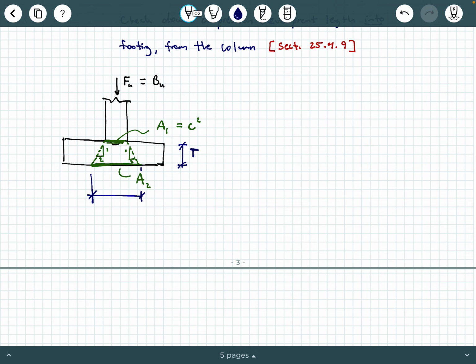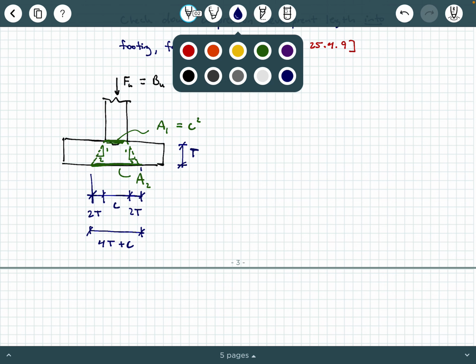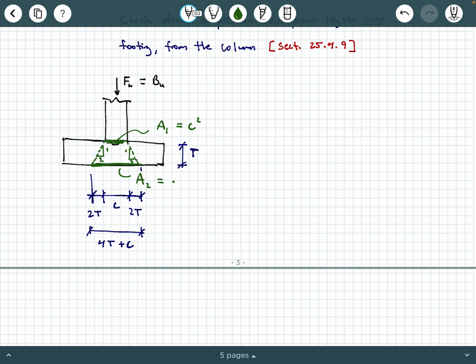Well, you go down by T, and so you're going to move over by 2T. Okay, 2T. And so what is this middle dimension here? That's your width of your column C. So this is going to be 4T plus C. So that means your A2, this A2 right here, is going to be 4T plus C squared if you have a square column.